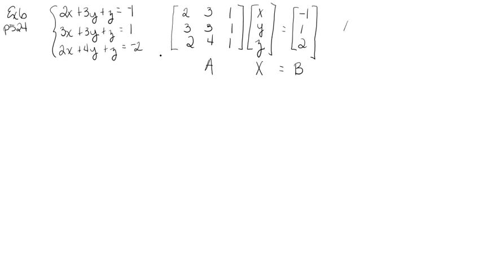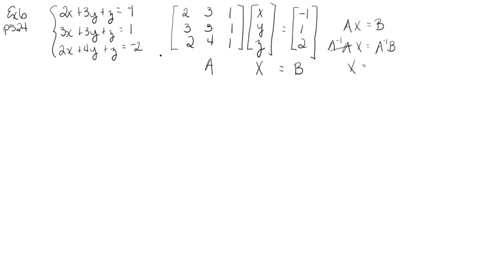Now, over here, AX equals B. I'm solving for X. So in order to solve for X, I have to multiply both sides by the inverse matrix. So A to the negative 1 times AX equals A to the negative 1 times B. Because I've done the same thing to both sides, these cancel each other out.